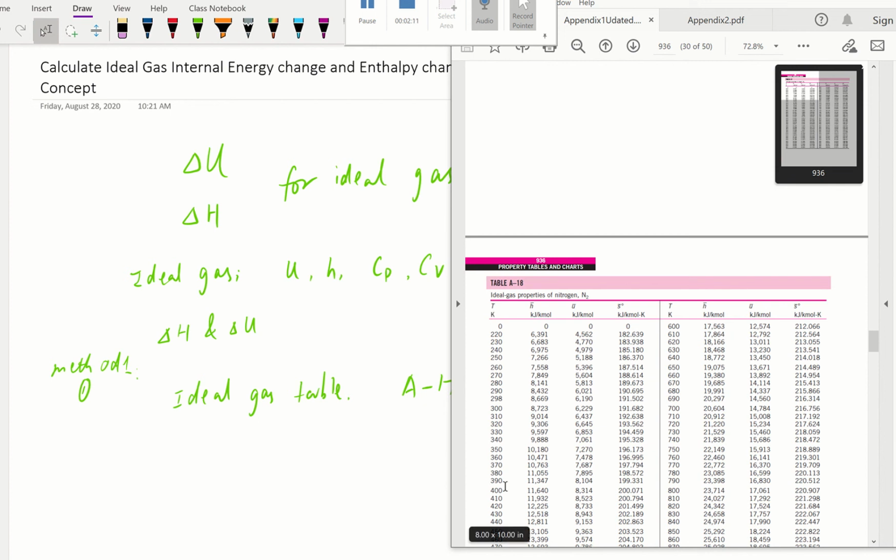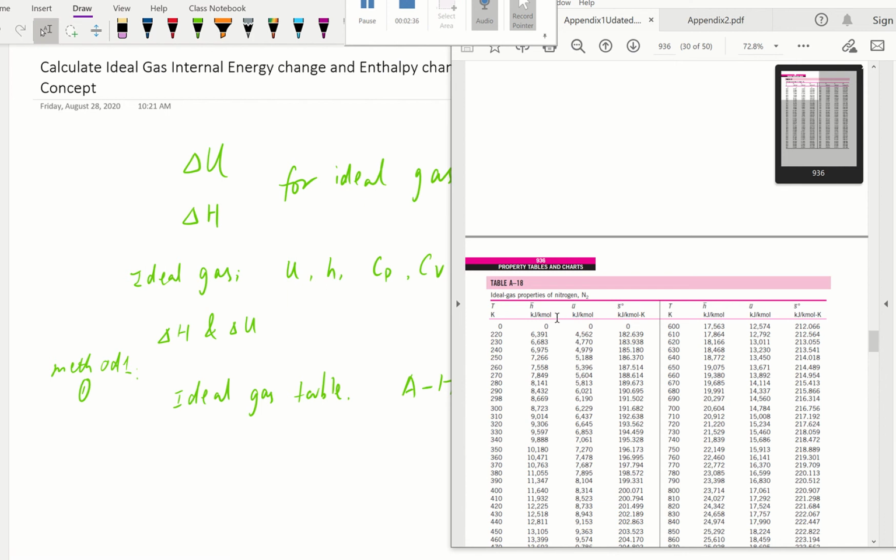They also have H and U depending on the temperature. The only thing I want you to watch out for between 17 and 18, other than air versus nitrogen, is that they have an H bar and U bar. We know enthalpy is kilojoule per kilogram, and H bar is kilojoule per kilomole, the same for internal energy. It's not hard to change that to per kilogram.